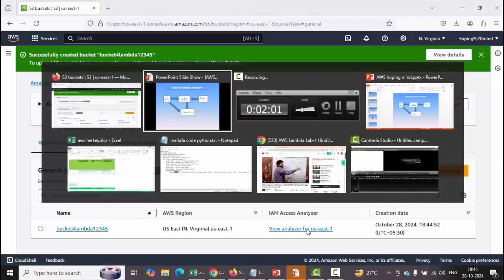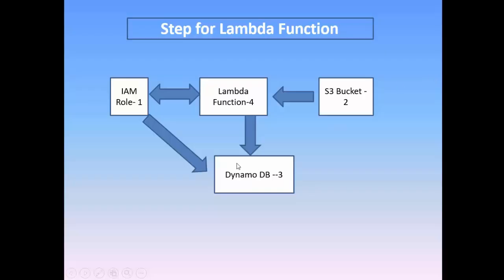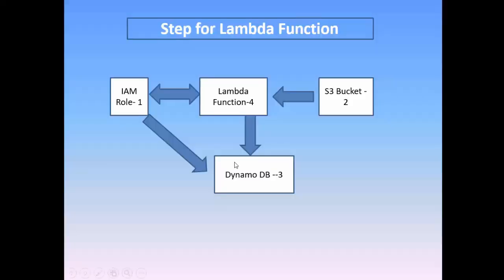Third step, we need to create one DynamoDB table. Either do it first, no issue, or first we will create the Lambda function. We will do the table later, because in the Lambda function we have to upload code in any language, either Ruby, Python, Java, as we discussed in the theory.